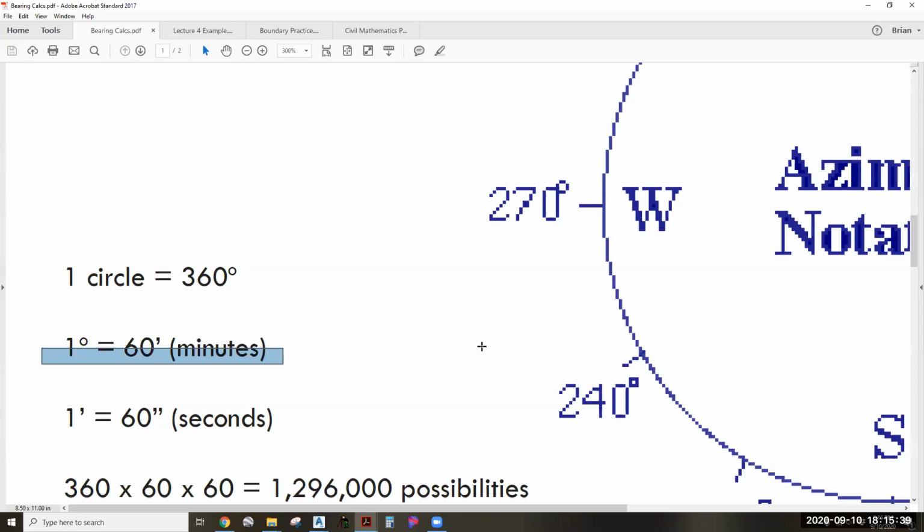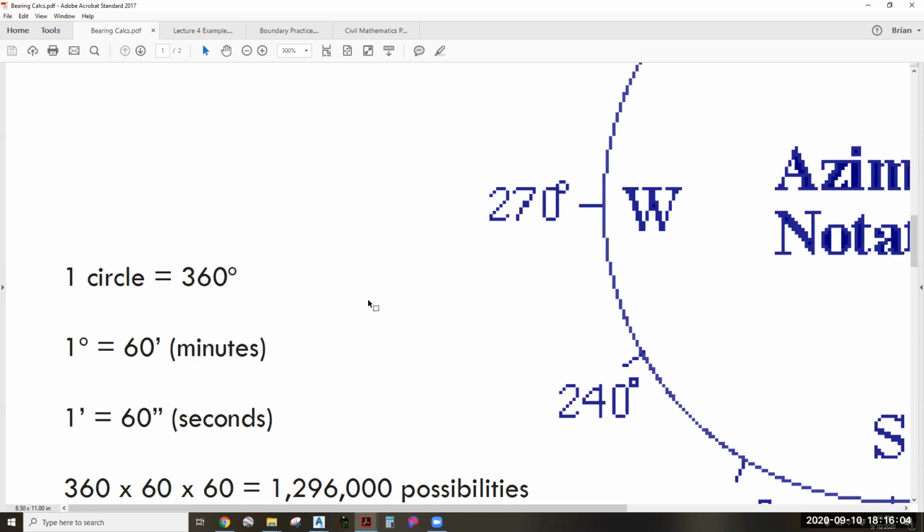Back around the turn of the century, before World War II, most maps only measured to the nearest minute. After World War II, technology became even better, and we were able to divide each minute into 60 equal parts.